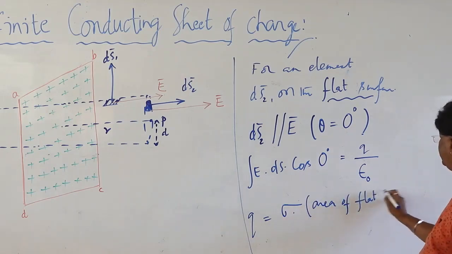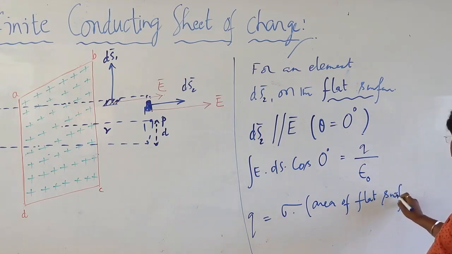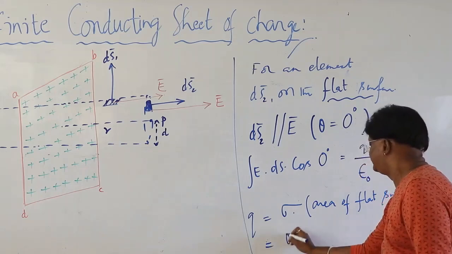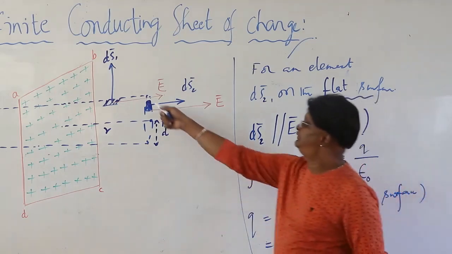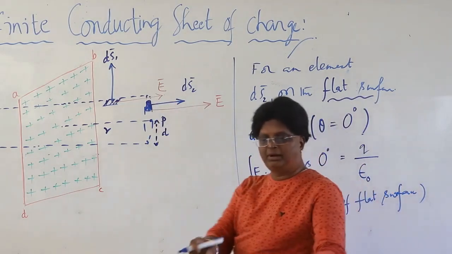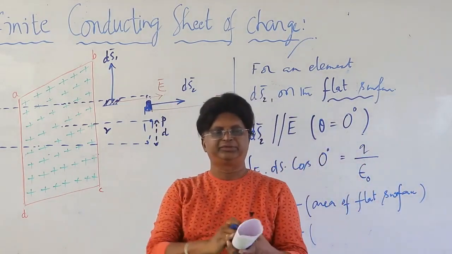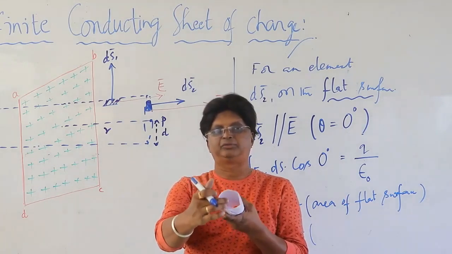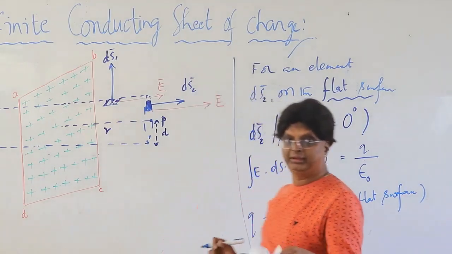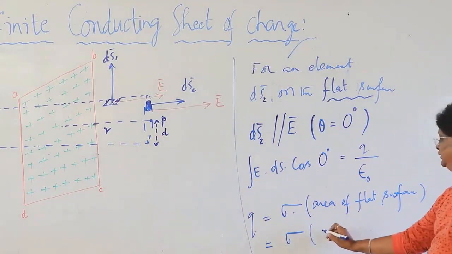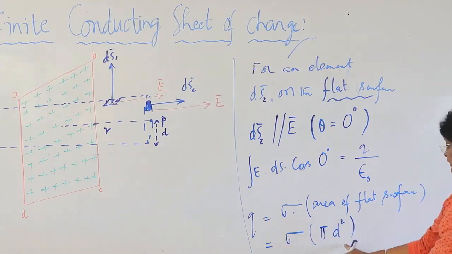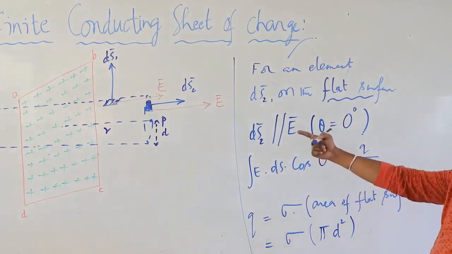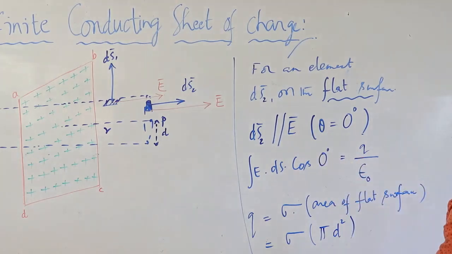I have taken d as the radius of this flat part, so the area becomes pi d square, where d is the radius of that flat surface.